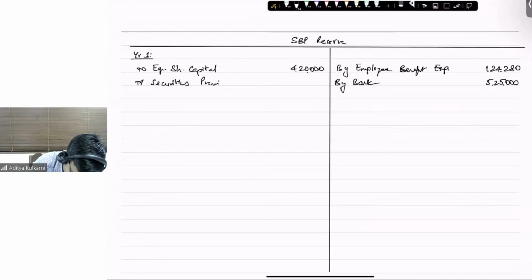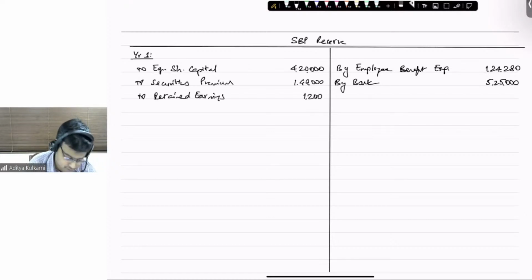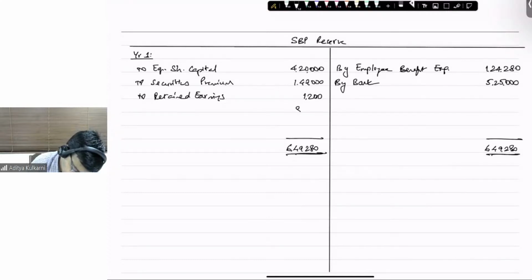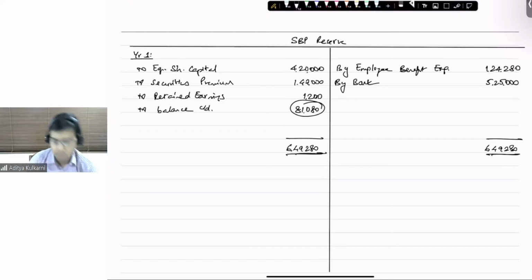To securities premium, 1,47,000. Retained earnings, 1,200. Total this up, 6,49,280. You will get a balancing figure, 81,080, to balance carried down.